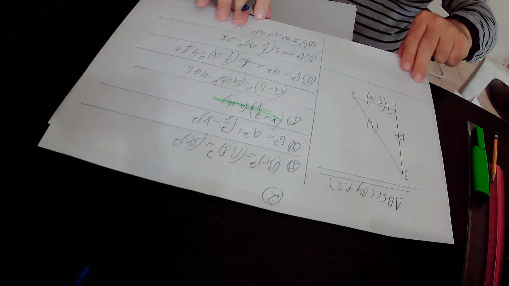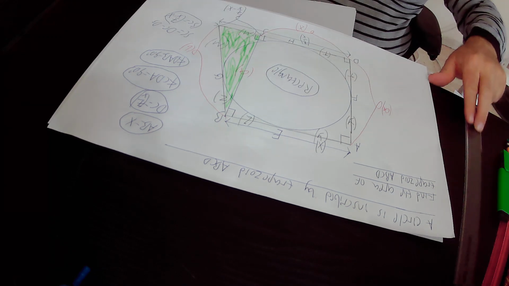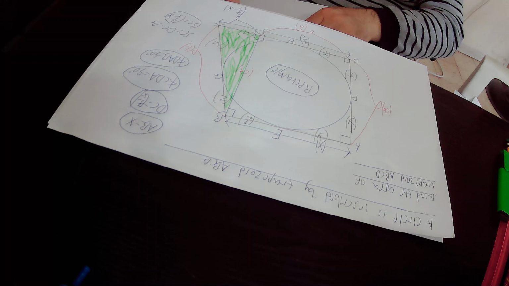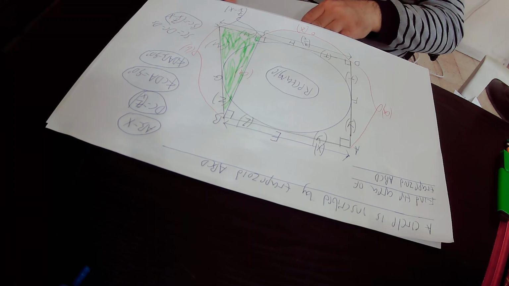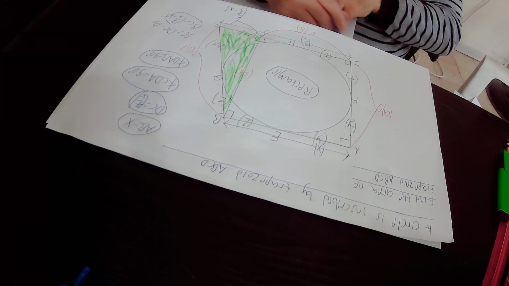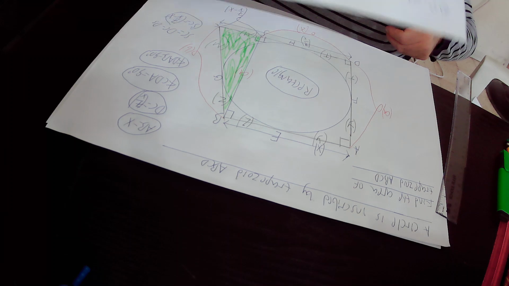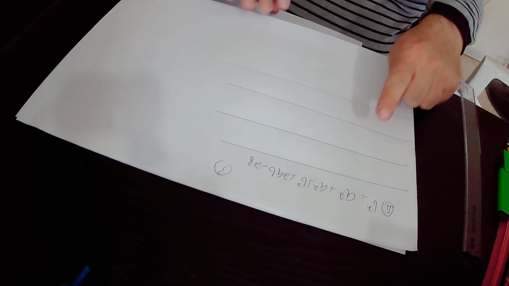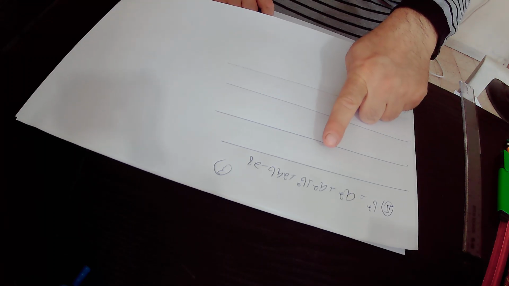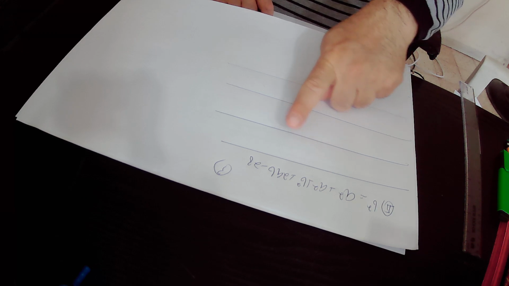So according to equation 2, we found out that b squared equals a squared plus b squared plus 2ab minus 28.